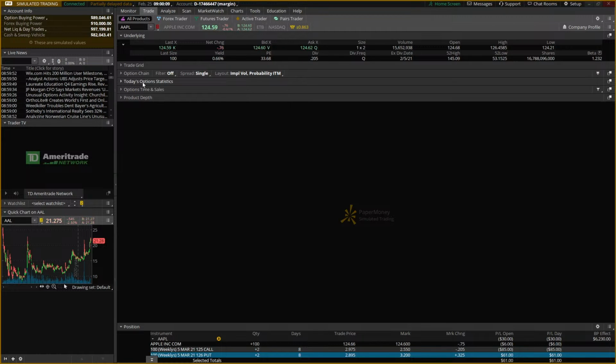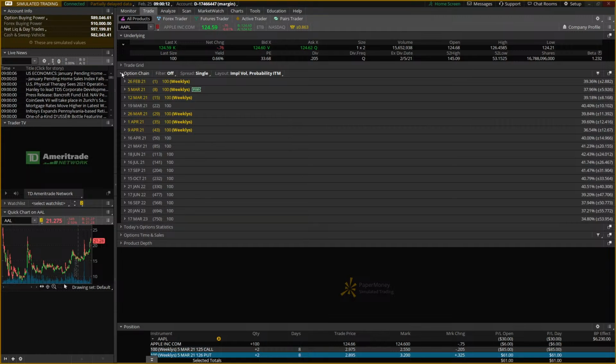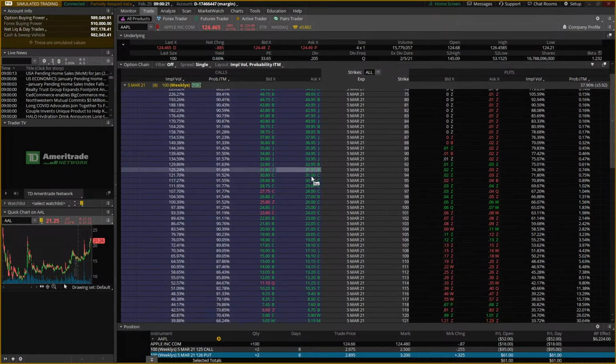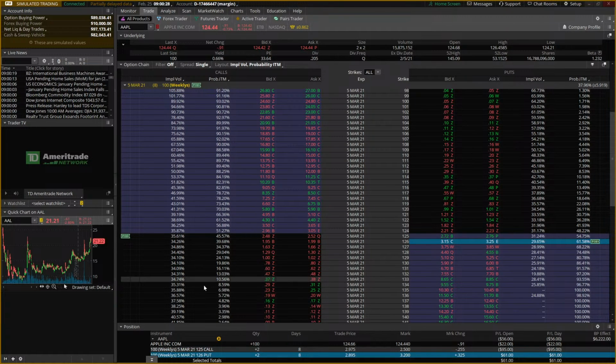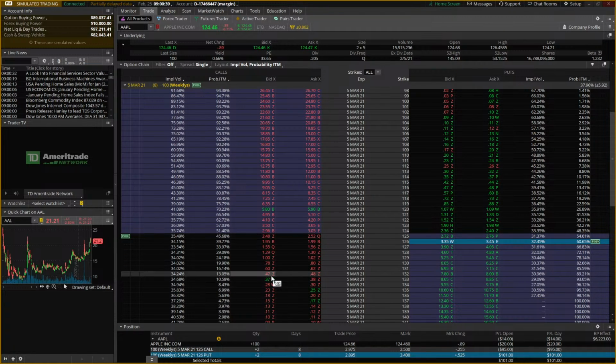But then say you want to buy a covered call on Apple, because you got 100 shares, right? You can go and sell probably any one of these, but you'd want to sell something that's out of the money because you don't want to end up giving up your shares.